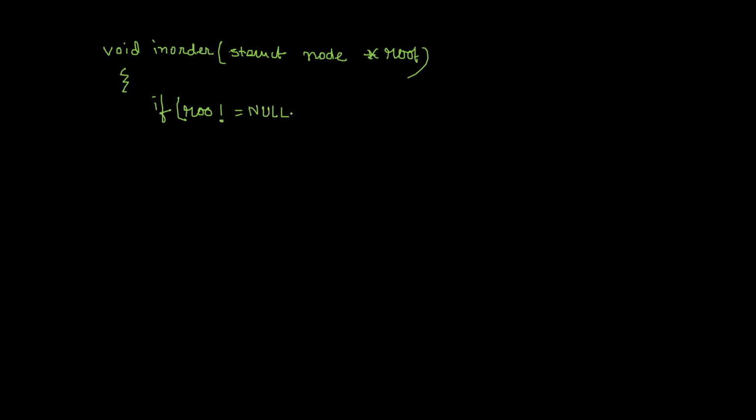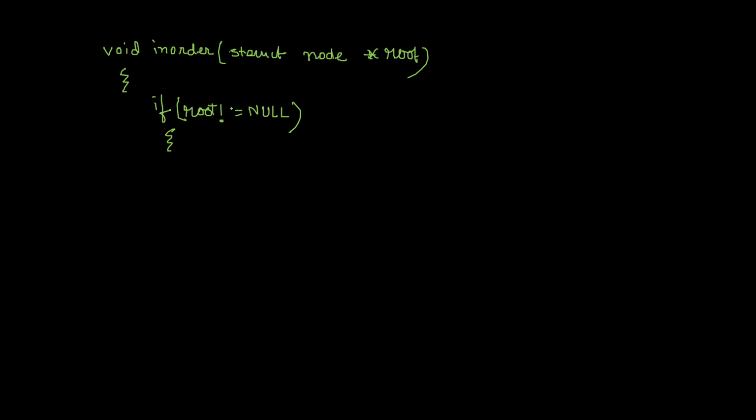So if I write an in-order code, suppose again I'm writing this struct node pointer, say root, and obviously this root not equal to null condition will always be there, in in-order, pre-order and post-order, right? Because if it is not null, then only I can proceed. If it is null, there is nothing to do.